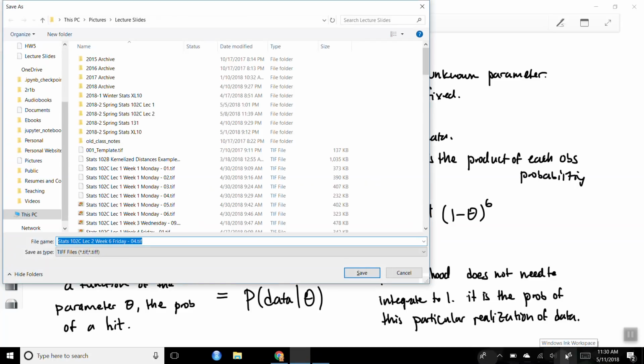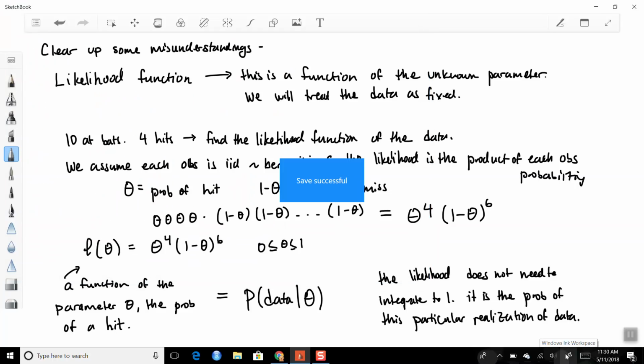So it's, what is the probability of getting this exact data if my unknown parameter had this value, or if it had this value or something, okay? All right, is this okay?